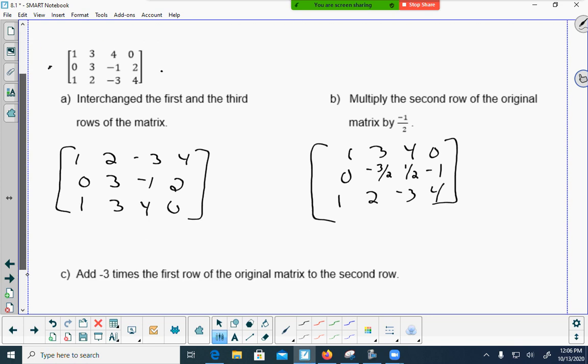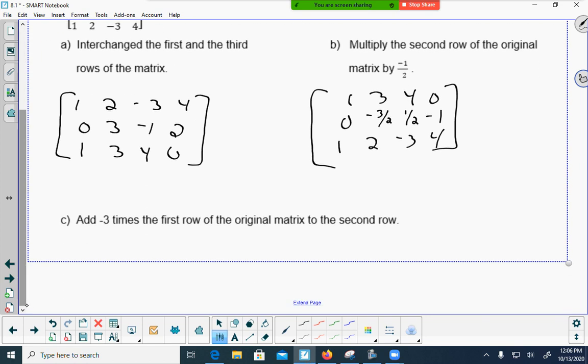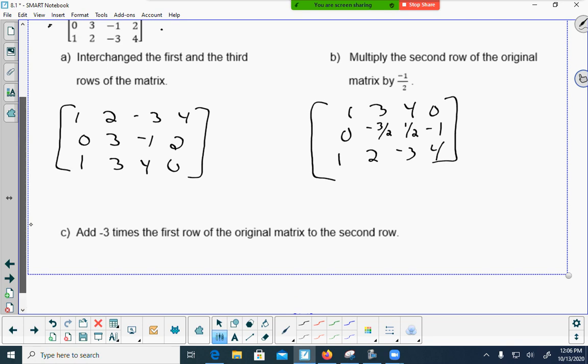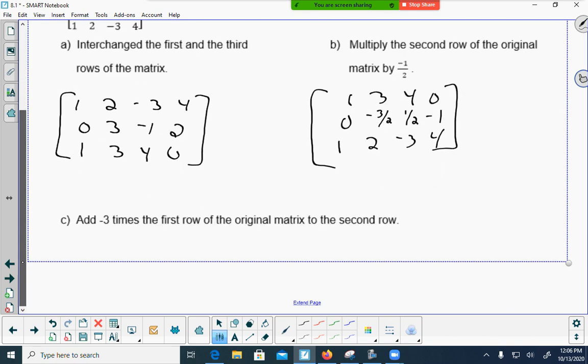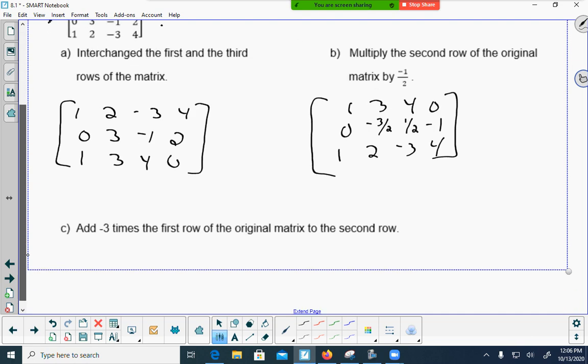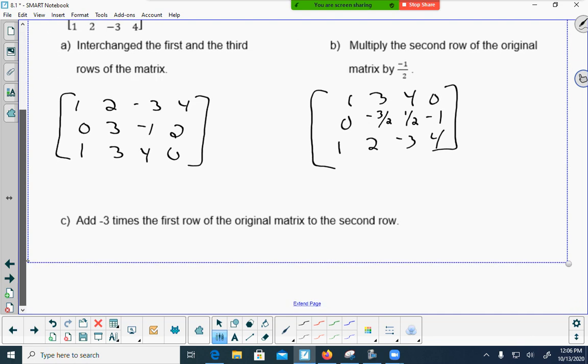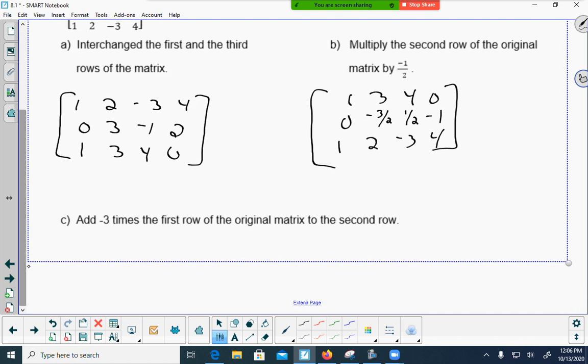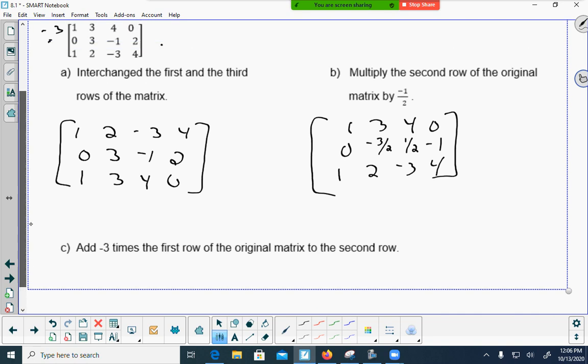And then the last thing I want to do is add -3 times the first row of the original matrix to the second row. So I want you to go all the way back up here and take -3 times the first row and add it to the second row. Doesn't matter where you put it, but we're going to put it in the second row.